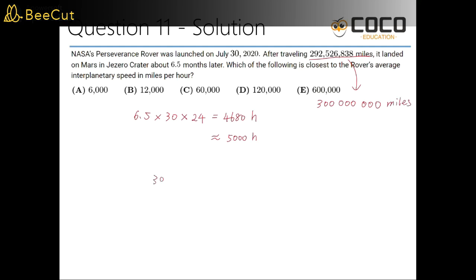It's 300 million divided by 5,000. So we can cancel the zeros, take away 3 zeros. Now we have 300,000 divided by 5, so equals 60,000. Let me choose option C.